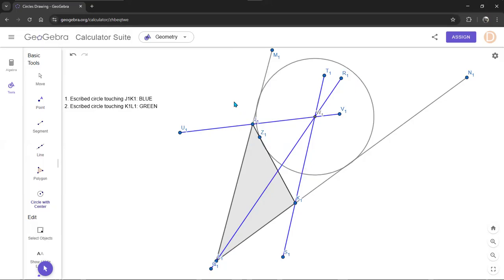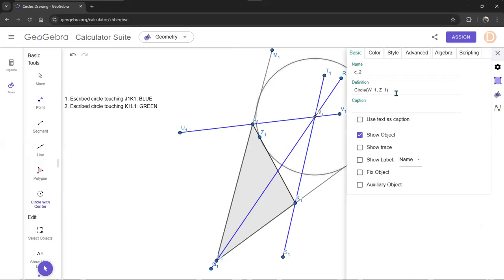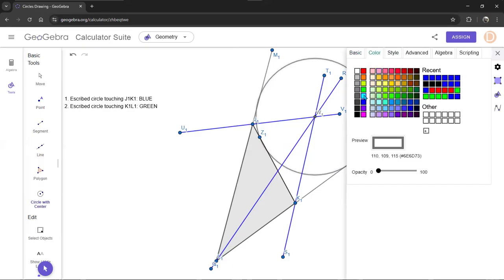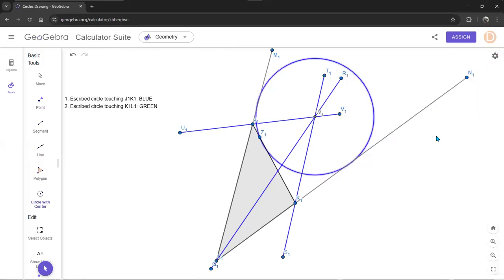As you can notice, we just made this one up, so it doesn't have to be so disturbing, because we don't even have the correct measurements and all that. We did not need to have them. This was just to ensure that you get the concept. So now we have an escribed circle touching J1, K1.